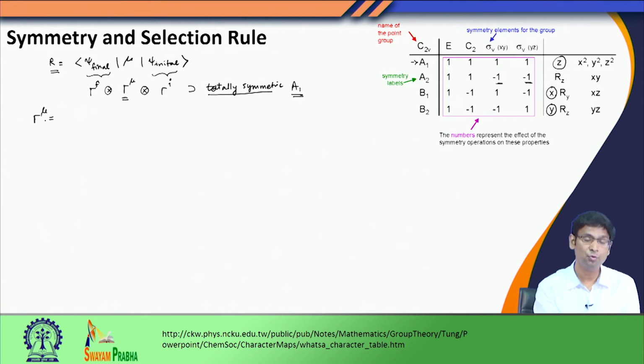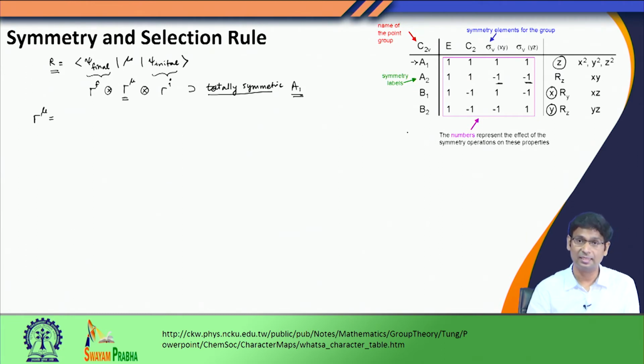You see that mu has 3 components, mu x, mu y, mu z. Suppose I use only z polarized light, the electromagnetic radiation will be effective only along the z axis. So, mu z would be the complete representation of the electric dipole moment.